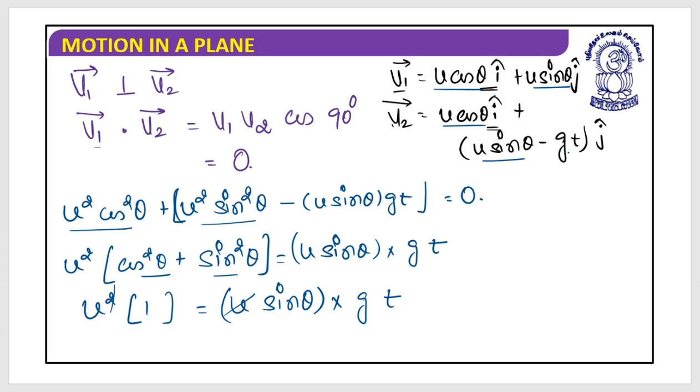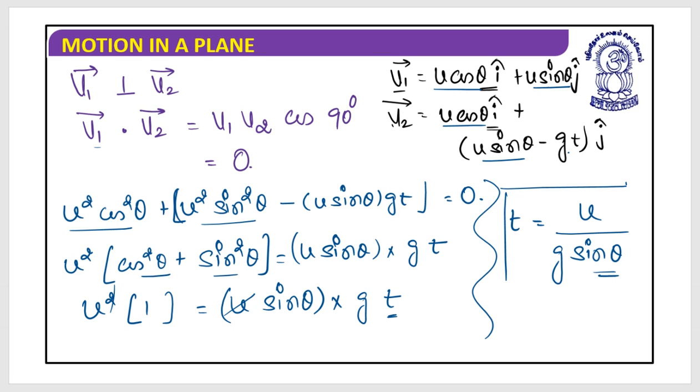This u and this u are gone, and only the term I required, the time, remains. This time is equal to u divided by g sin theta. That's it. Please remember this: at time t equals u by g sin theta, the velocity vector v2 and the velocity vector v1 are perpendicular to each other.